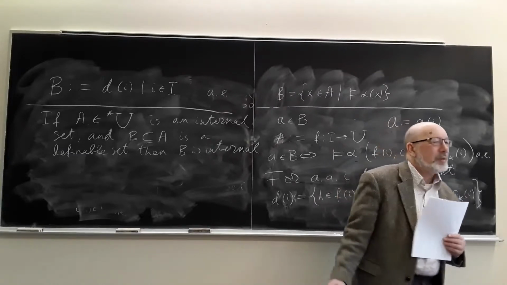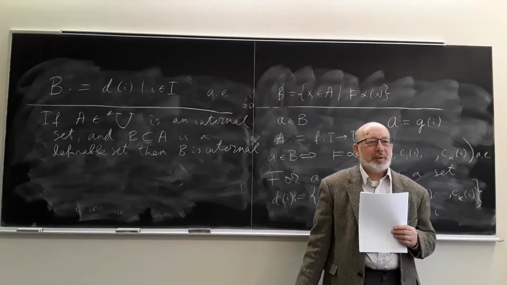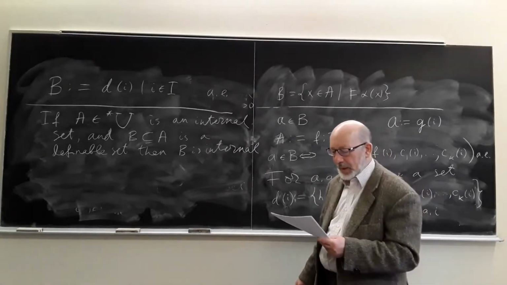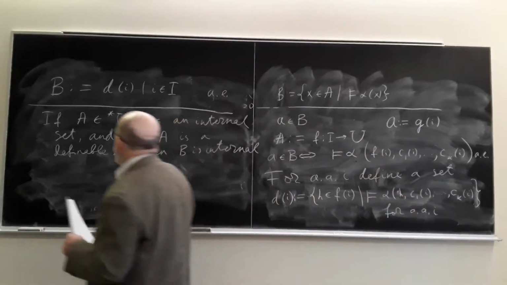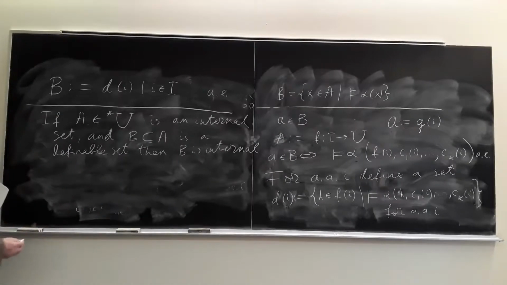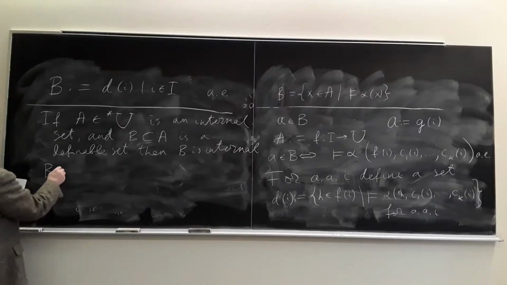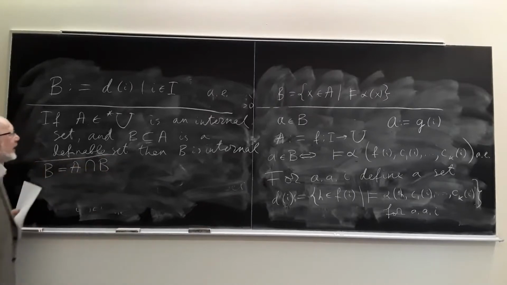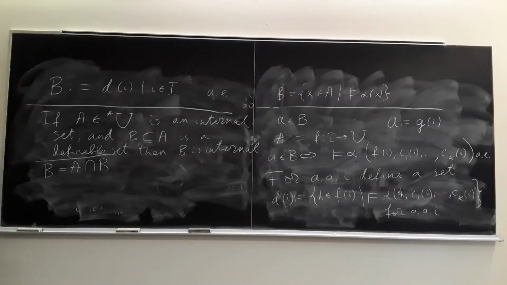I did not prove the transfer principle because it's dull, but here it can be regarded as a particular case of it. Of course, you are right. In fact, here B is A intersection with B in this case. If B is from the beginning a subset of A, it more or less repeats the previous theorem.